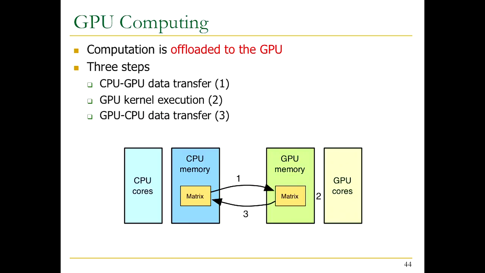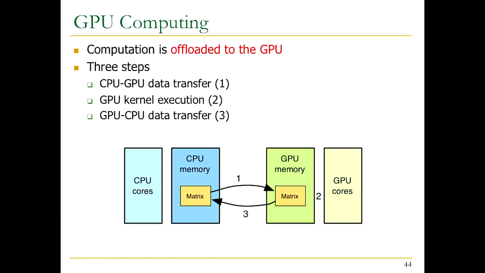So this is what I call the traditional accelerator model. It assumes that we have one CPU on one side, a GPU on the other side, and in the middle we have a PCI Express bus. We need to perform 3 operations if we want to use the GPU. The first step is transferring all the input data to the GPU memory.